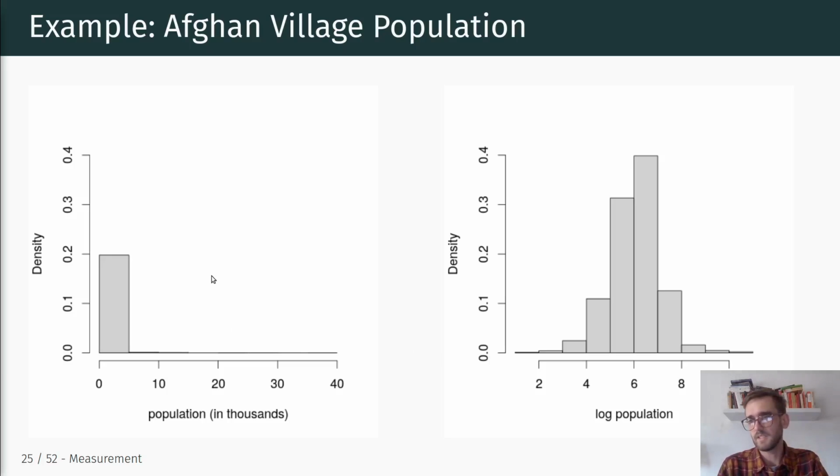So obviously that distribution is very skewed, and so when we're looking at models that want to include population size, we might want to use the log of the population, because the log of the population distribution is much more normal, less skewed, more normally distributed. All right.